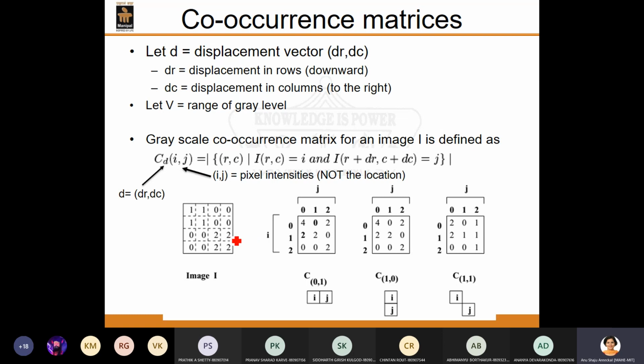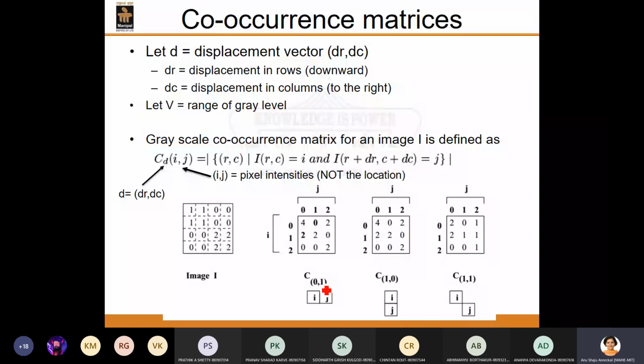Let us say we have a small image given by this particular matrix, and you want to calculate the co-occurrence matrices. It is a set of matrices because there are different patterns that can be identified from this image. So we can consider different displacements or different directions, and find the GLC matrices corresponding to them.